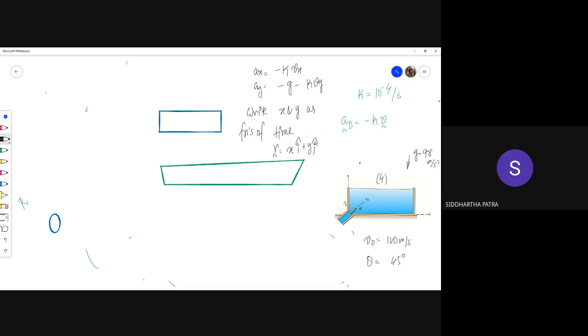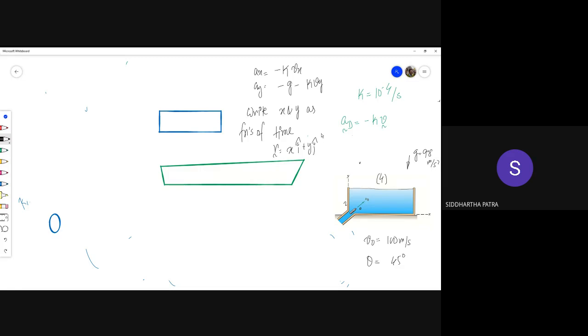Can you do this one? Sir, can you once tell what we have to do actually? Yeah, you will have to get the functional form of x and y. So x and y are functions of time. You need to write them as functions of time. Please note the accelerations themselves are given as so. For the y component, there is a constant term g, and then there is a term that is dependent on the y component of the velocity.